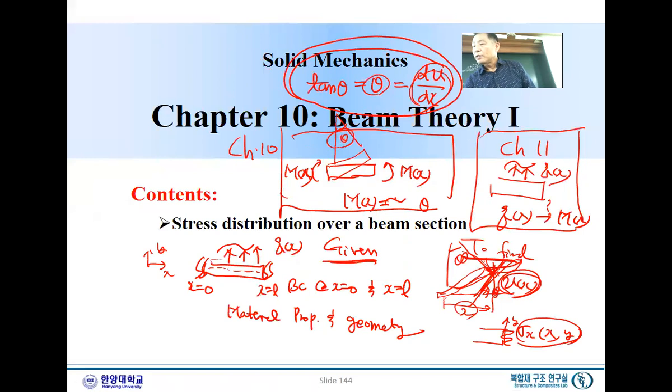And now, in chapter 11, we want to derive the relation between this q and moment. So combining all, I will give you a result, by the way. The moment will be EI d theta dx. That is the one final equation out of chapter 10.